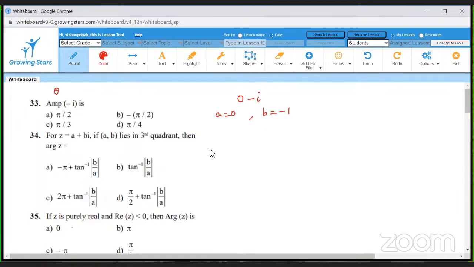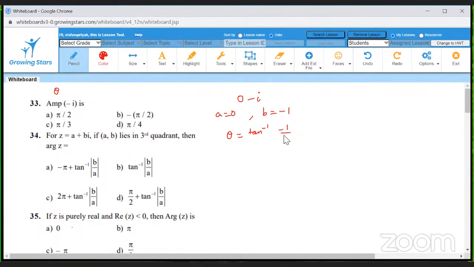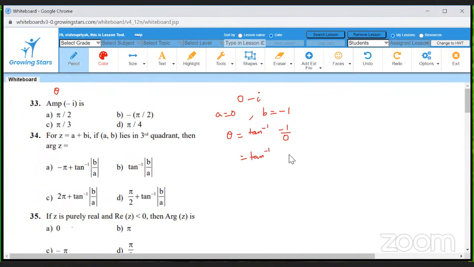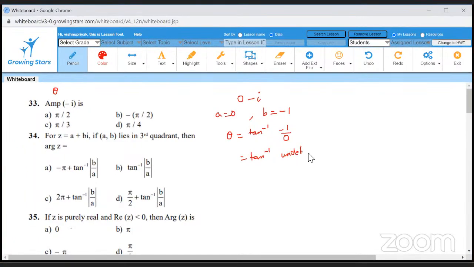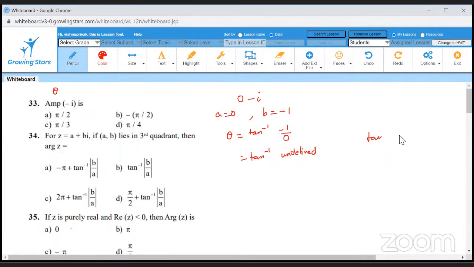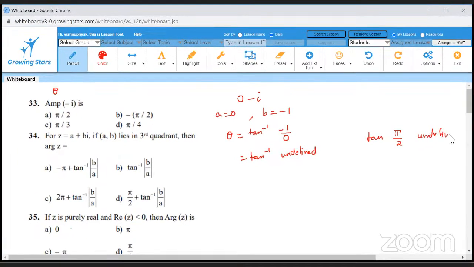What is the formula for amplitude theta? Theta is tan inverse B by A. So this is undefined. What is minus 1 by 0? Undefined. In tan, where will it be undefined? Tan pi by 2 is undefined.